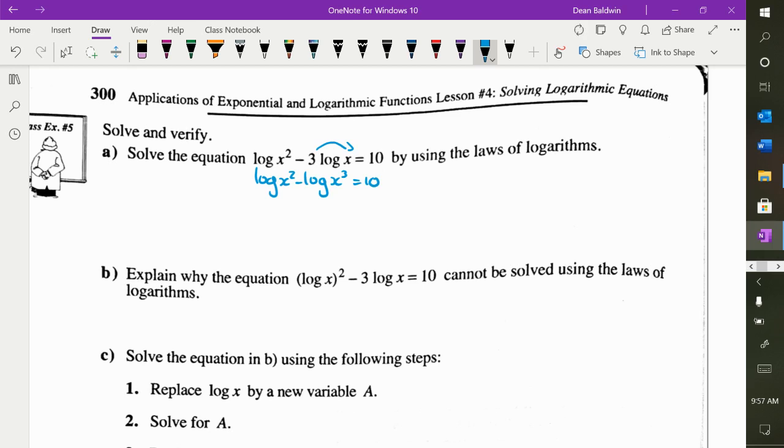We're subtracting so we can divide, and they have the same base. What base is my log? 10, right? So I change to exponential at this point, and x squared over x cubed becomes 1 over x is equal to 10 to the 10. x squared and x cubed, they cancel.